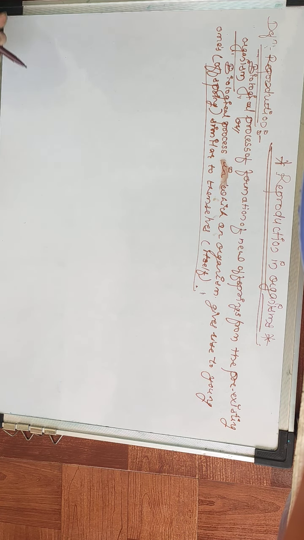Okay, so here there are two definitions. In two ways we can define the process of reproduction. The first one: reproduction is a biological process of formation of a new offspring from the pre-existing organism. Whatever organism is available right now, from that organism new organisms are produced, new organisms are formed.